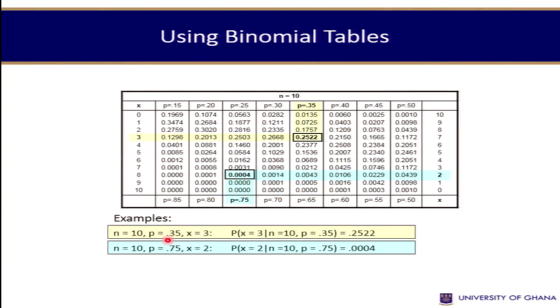You could also use binomial tables to solve a binomial question. For example, if n is equal to 10, p is 0.35, and x is 3, then to find the probability that x is equal to 3, you look for the table that has n equal to 10, the corresponding value of x, which is 3, then the corresponding value of p, which is 0.35, and the probability is the point of intersection here, which is 0.2522.